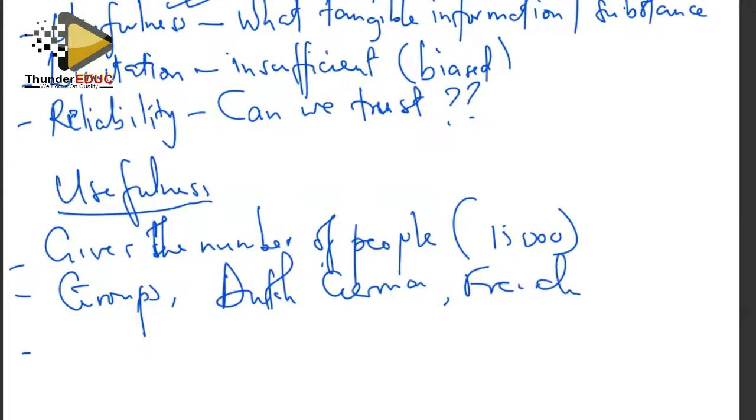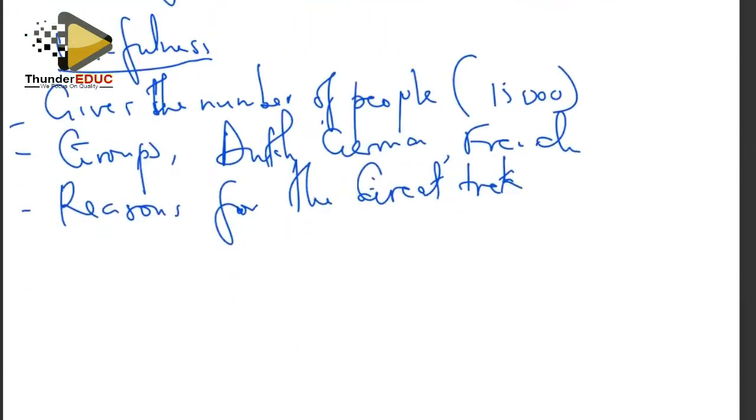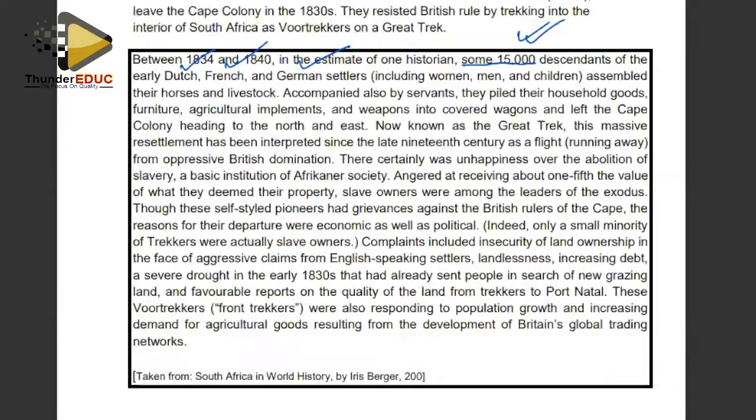And also, we can say it's useful because it gives us the reasons. Instead of just saying the people were engaged in a great trek, why were they moving away? It's also giving us the reasons why those people chose to move away. That is useful information that you can get in that particular source. Right, moving on to the next question.